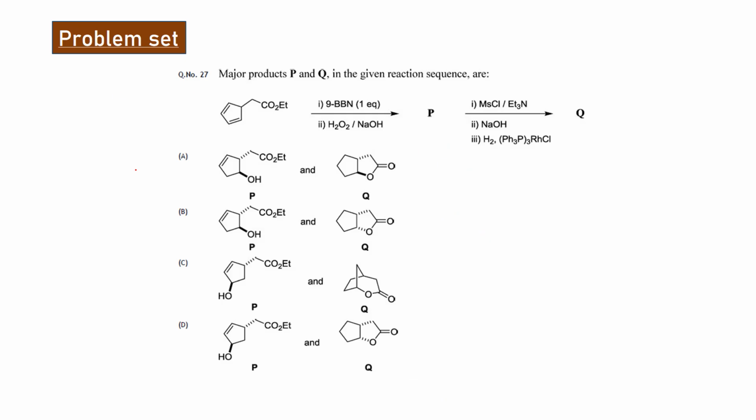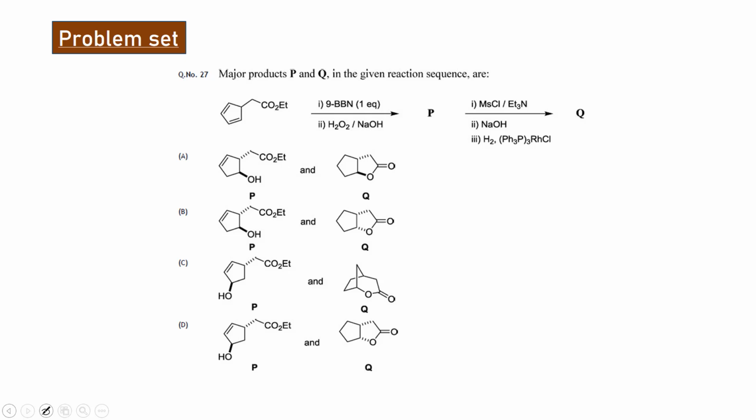Okay, let's go to the next question. This came in a GATE previous year question. So what will be the major products P and Q for the given reaction sequence?